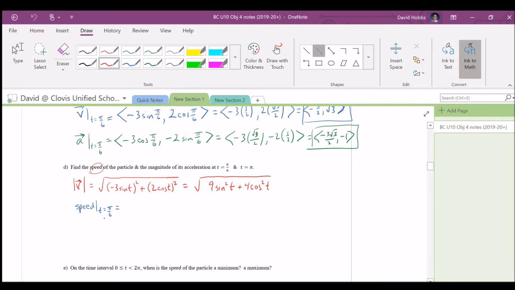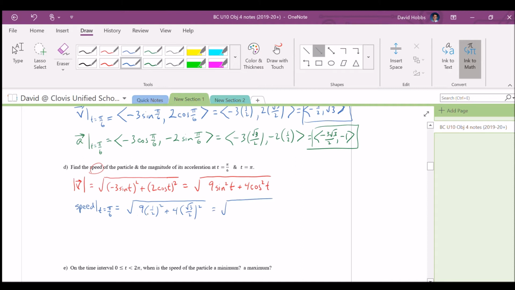Now the speed at t equals pi over 6 would be the square root of 9 times sine of pi over 6, which is 1/2, squared, and then 4 times cosine of pi over 6, which is root 3 over 2, squared.